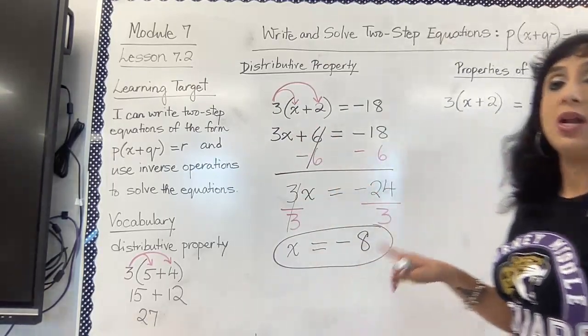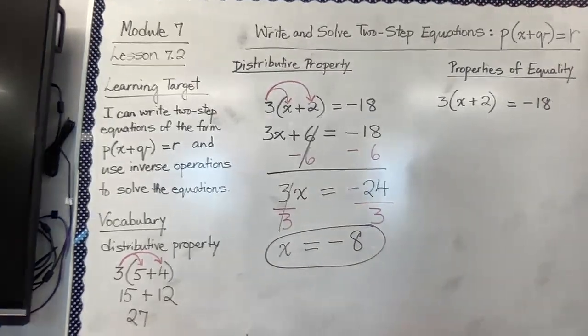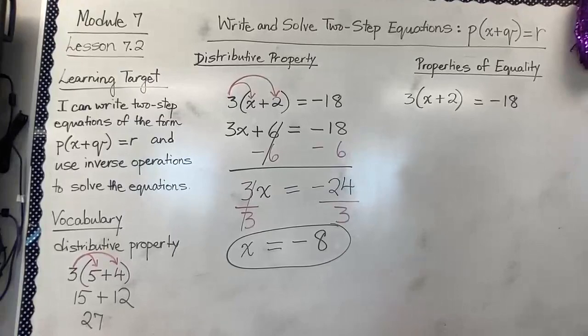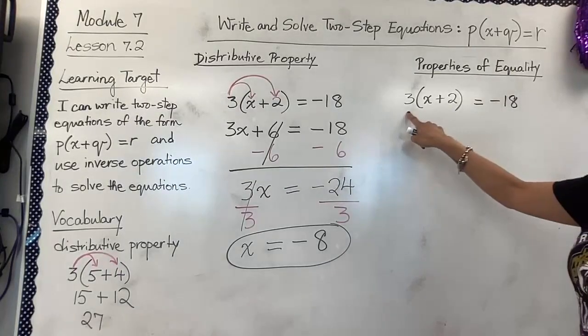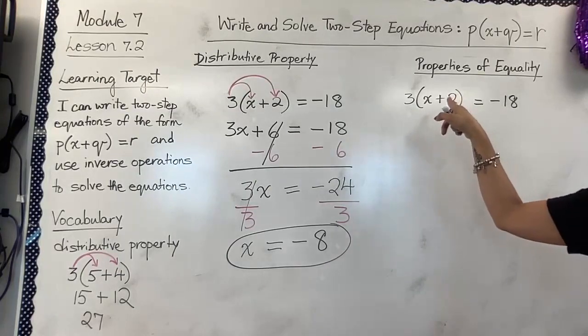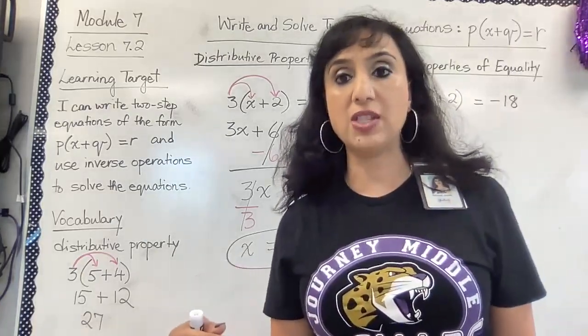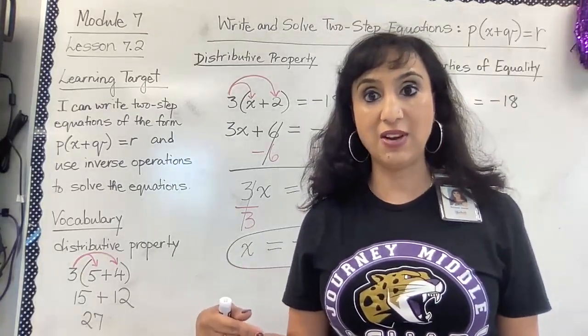Let's look at the properties of equality to solve this problem. In this one, as we can see, this means multiplication. We are multiplying 3 with each of these terms. The inverse operation of multiplication is division.